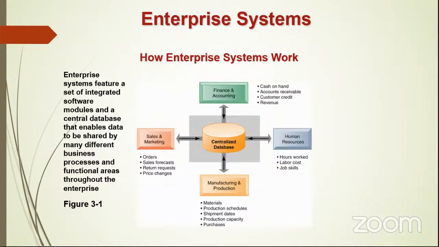So we have a picture here. Basically it shows that in the enterprise system, for all the functions together, you have a centralized database. For some things like a customer, the data on the customer may be in finance, sales, and manufacturing. Not necessarily, depending.